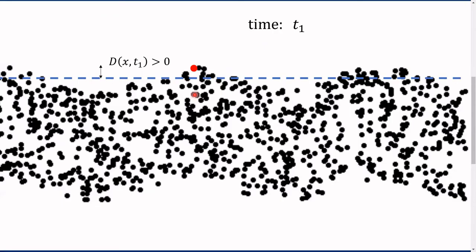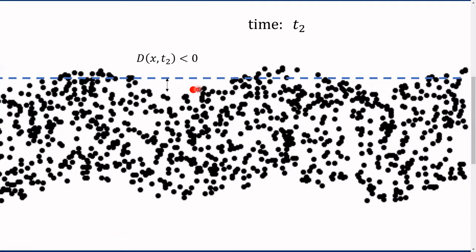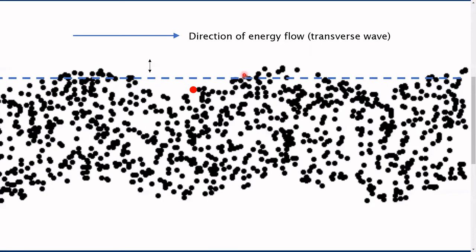So a moment later, now it's below, and you can consider that a negative displacement. So the direction of the displacement is perpendicular to the direction of energy flow. That's what we call a transverse wave. So you can see there, oscillations are this way, energy flow is this way. Those are perpendicular. That's characteristic of a transverse wave.